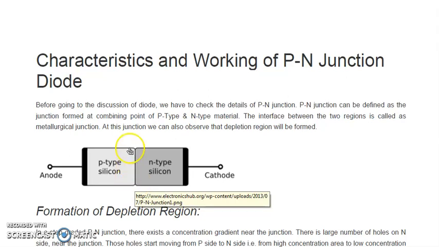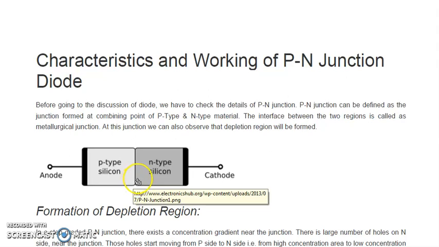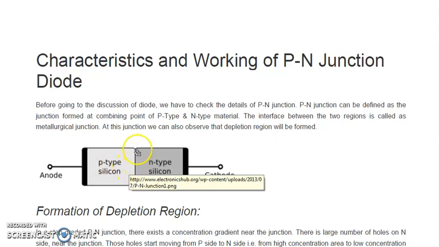There are no free electrons or free holes to conduct, so it's called the depletion region, because it lacks electrons and holes. When these charges grow sufficiently large, they stop further inflow of holes from the P side, because a hole coming in sees a positive region and is repelled. And when an electron comes, it sees a negative charge and is repelled back.